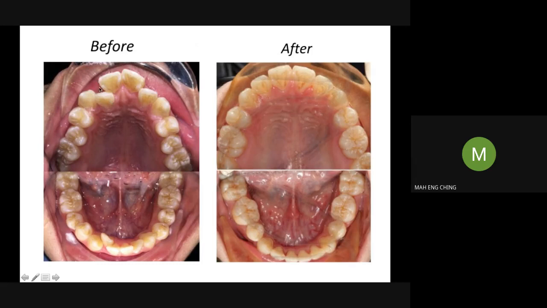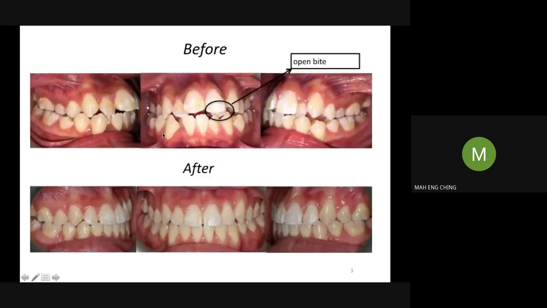No, because the 1, 2 and the 2, 2 are blocked by the central incisor and the canine. So in this case, you do not have enough space to move the teeth labially. Even though you put the Z spring or the expansion screw, it's not going to happen because you've got not enough space. So in order to correct the crossbite, the first thing we have to consider is to create the space first.